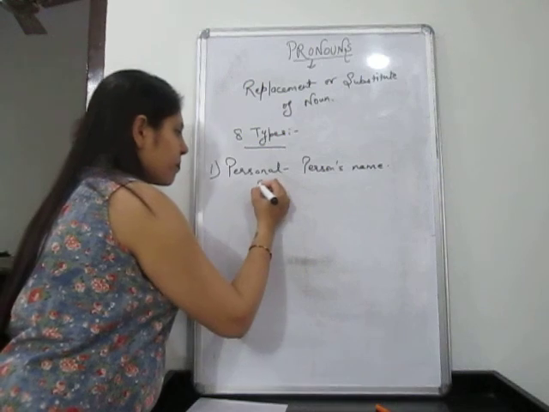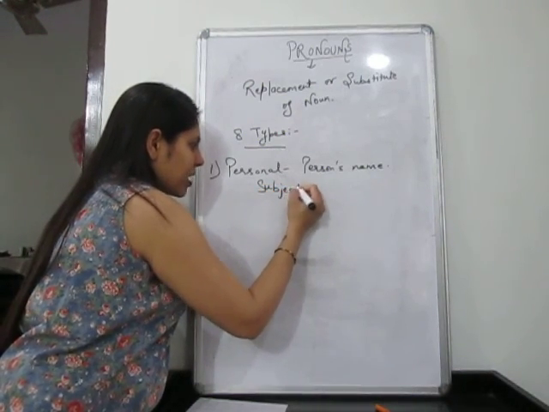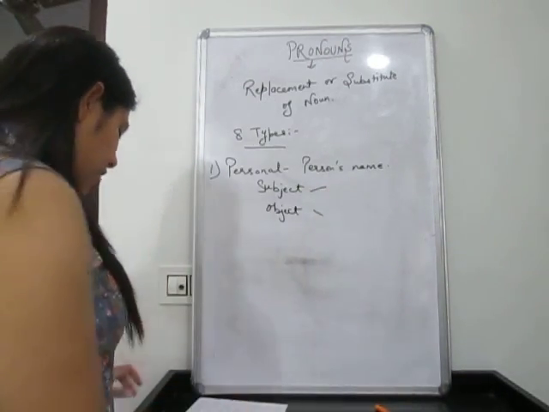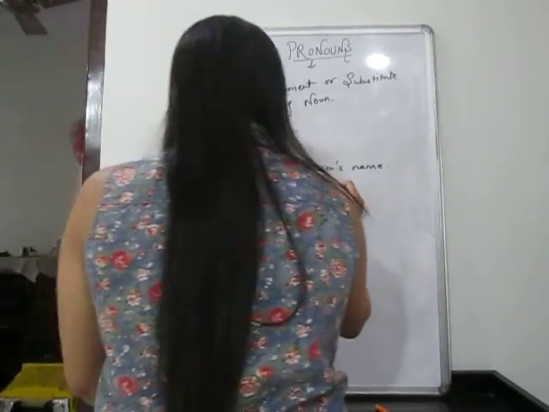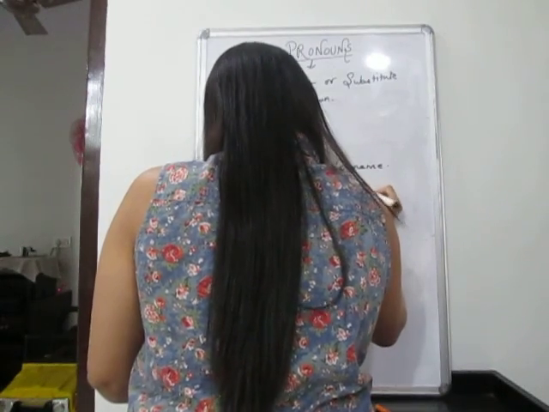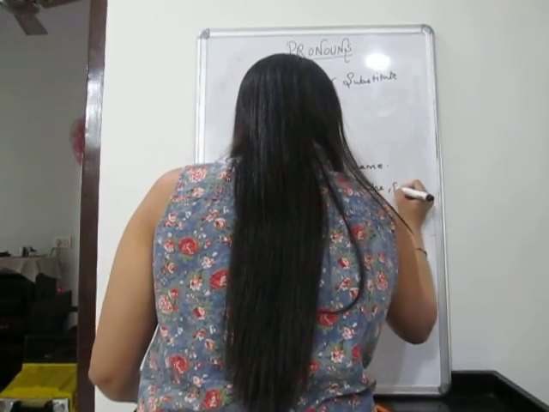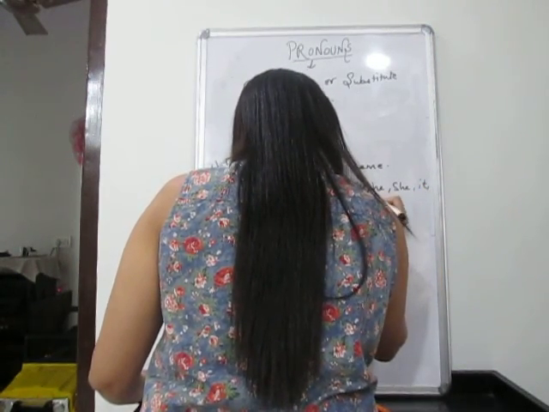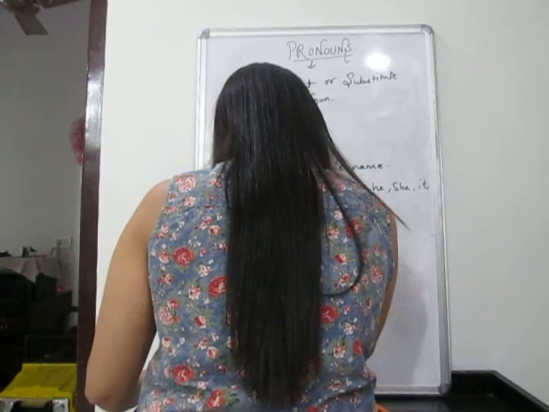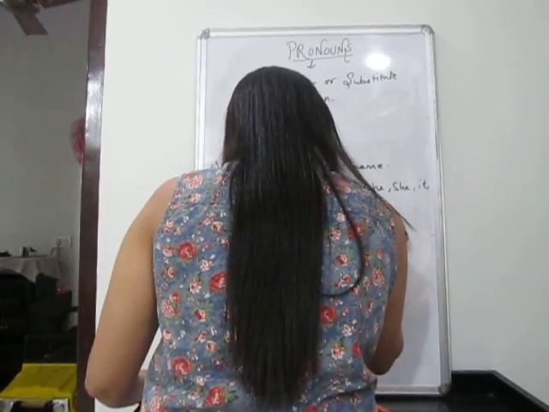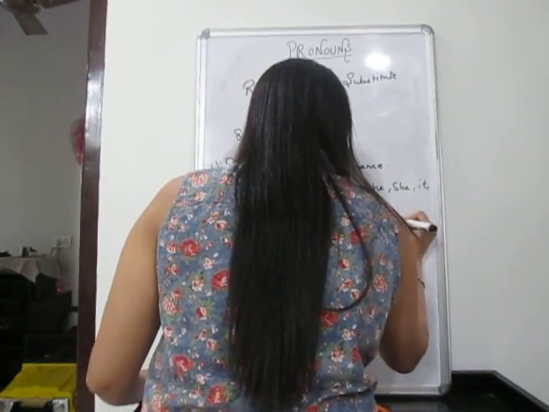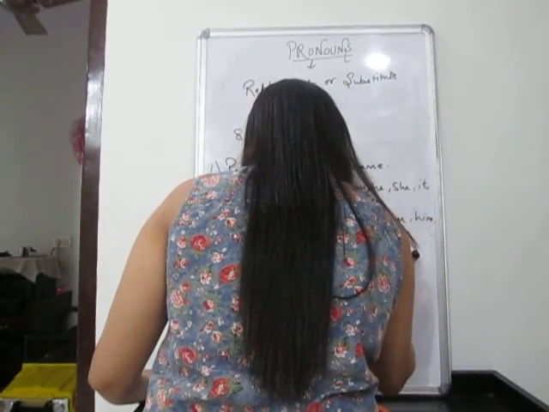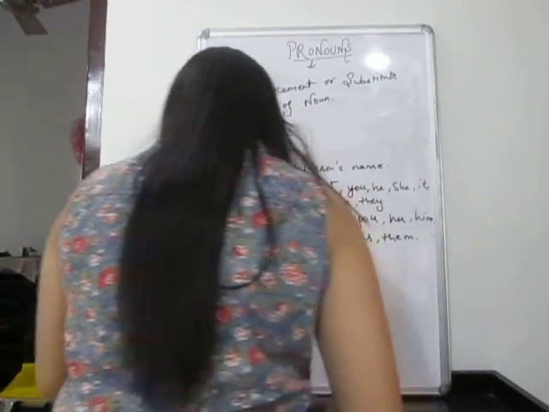I told you to talk in subject as well as according to object it changes, right? For subjective, we use I, you, he, she, it, we, they, right? For object, we use me, you, her, him, it, us, them, right?